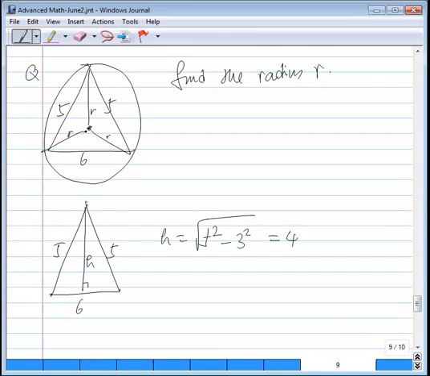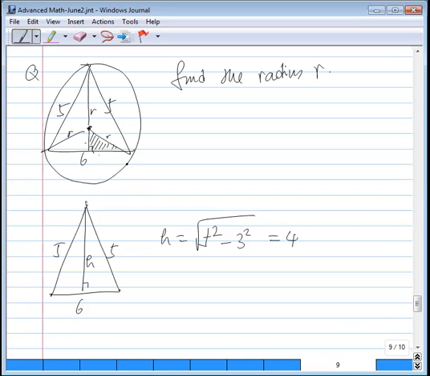So using that information, are you able to get R? You have to extend this point to here, right? So now we're almost done. When you extend the center to the side, you get a right triangle.